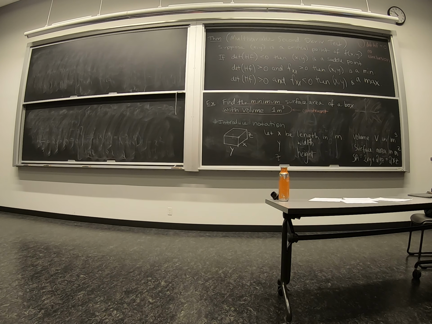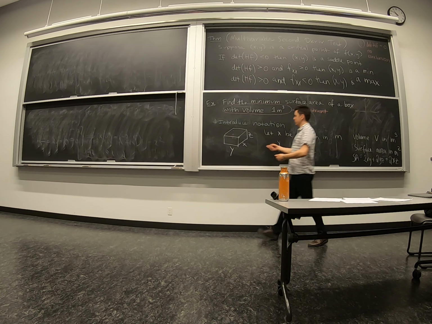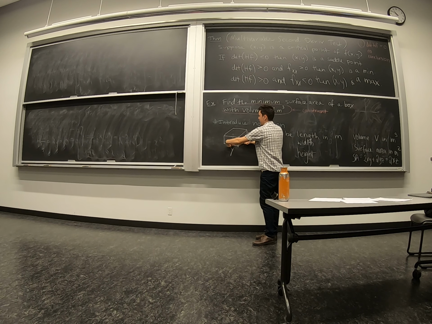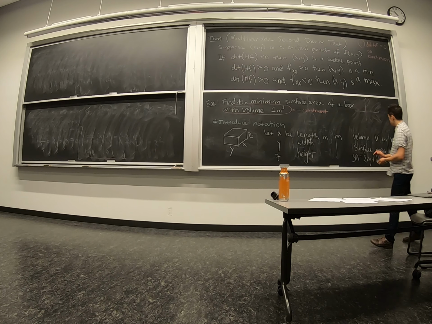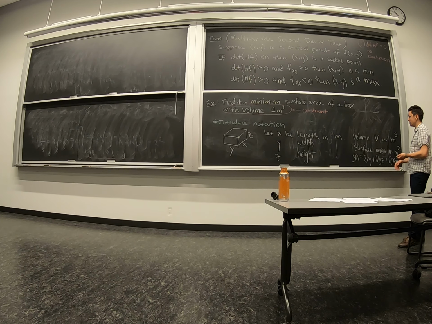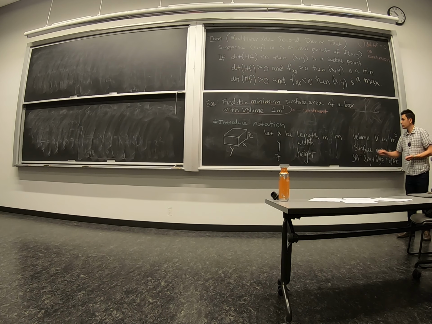Okay, so for each pair of variables, we've got a face. We've got X, Y. That'll give us a plane here, but also a plane on top. For X, Z, plane on the side, plane on the other side. Okay, so we get two copies of each pair of variables for our surface area.